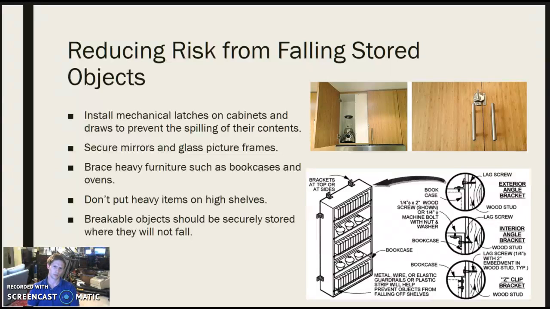Mirrors, glass picture frames, all those need to be properly secured with open eye screws, usually about 2 inches long. Make sure they go into the walls. And heavier things, such as bookcases and ovens, you need those to be bolted to the walls. Just don't put heavy things up high that are going to be posing any sort of risk, and there shouldn't be a problem.